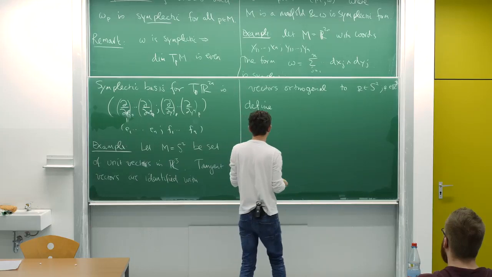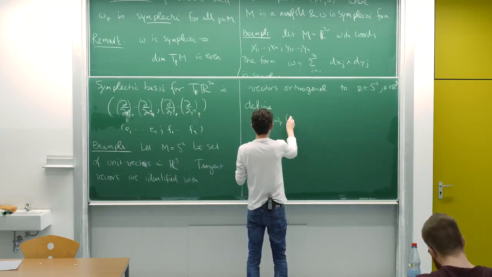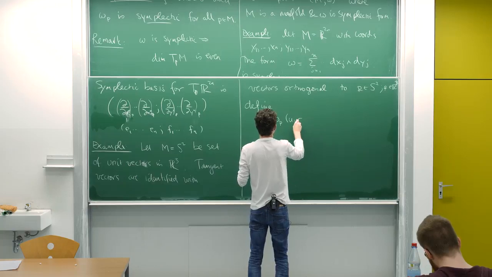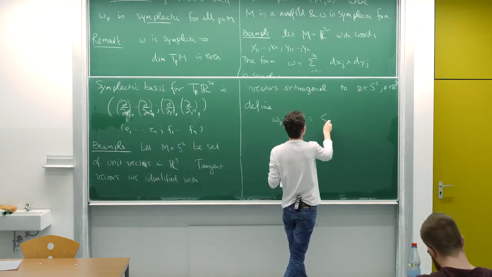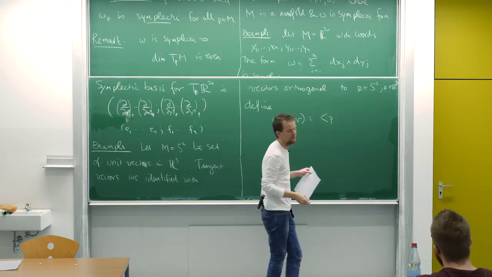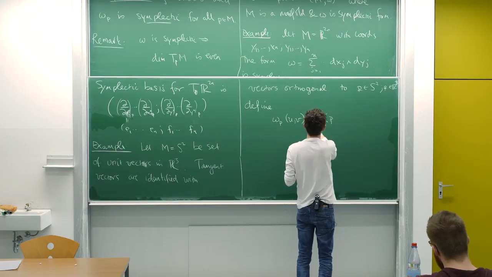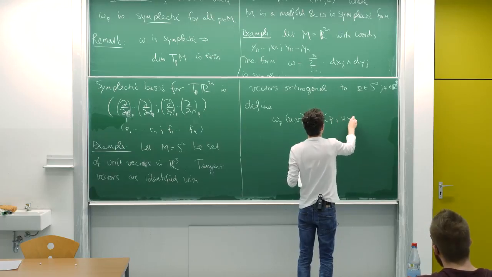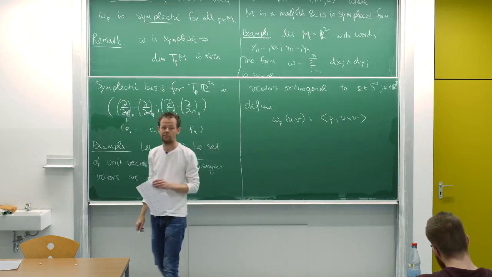There's only one possibility. So omega_p on 2 tangent vectors, u and v, is going to be defined to be the R3 inner product between the vector p defining the point on the sphere and u cross v. Standard vector cross product like that.